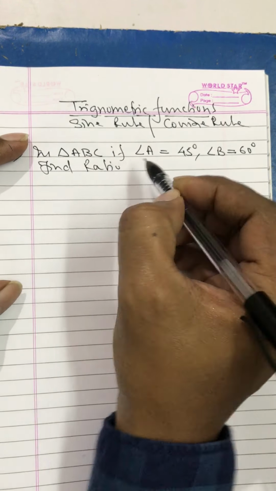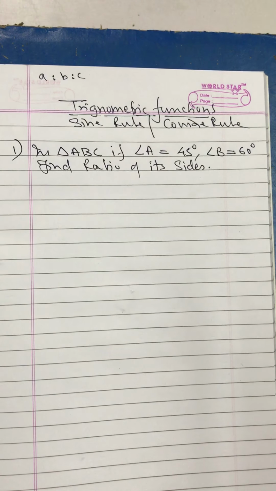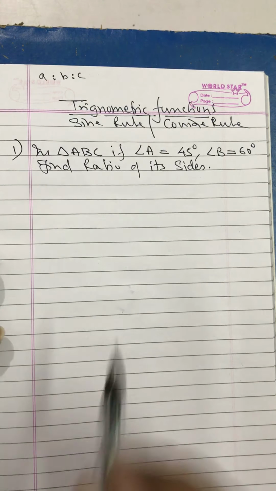Sides of triangle ABC. Now, what are they trying to ask you? They are trying to ask you the sides, which are basically a, b, c. Find the ratio of its sides, means you have to find the ratio of a is to b is to c. But actually here, angle A we have got, angle B we have got, so we have to find angle C also. So in triangle ABC, angle A is equal to 45 degrees, angle B is equal to 60 degrees.